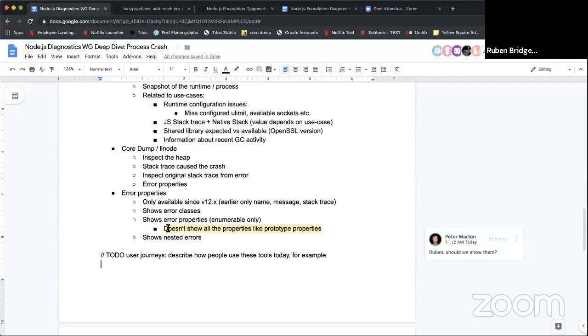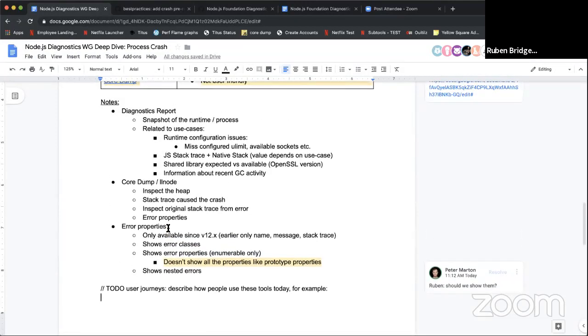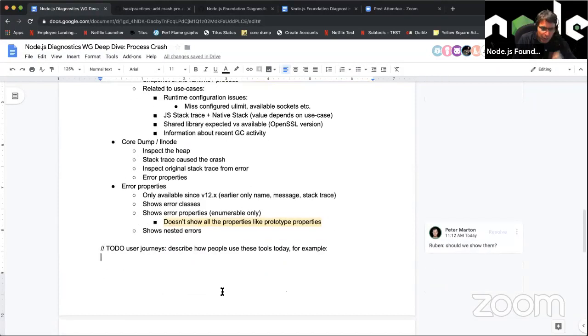I'm not sure about all properties. It might have printed some properties in some cases, but normally it did not. And now it definitely does. Sorry. It did not show them when you crashed. It did show them when you actively logged them. So if you did an error toString, you would get them, but you wouldn't get them when you crashed.